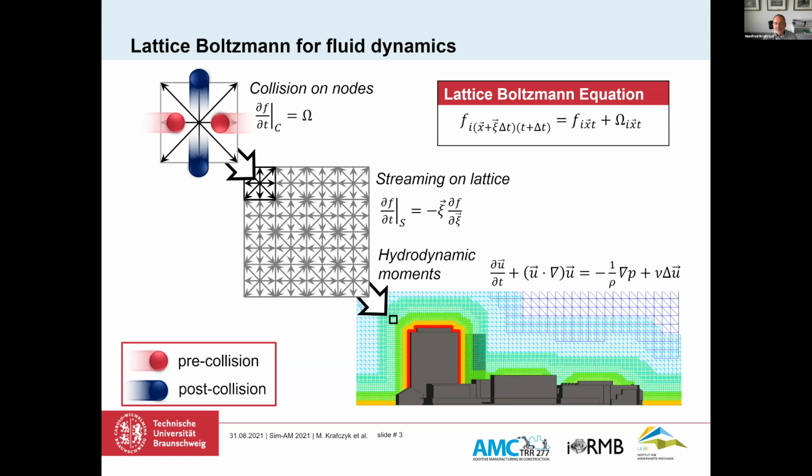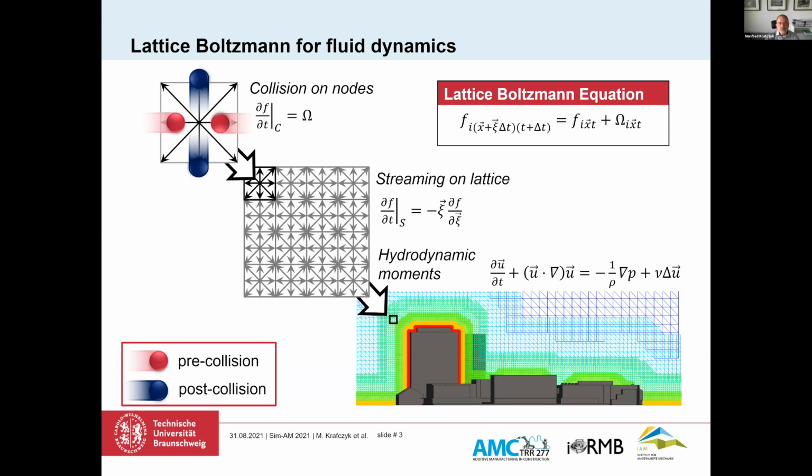So what we use is a simplification of the original Boltzmann equation, which then results in a first order PDE, the so-called Lattice Boltzmann equation, which simplifies the physics in the sense that the distributions travel similarly to what you could imagine as particles on a grid of a certain symmetry.